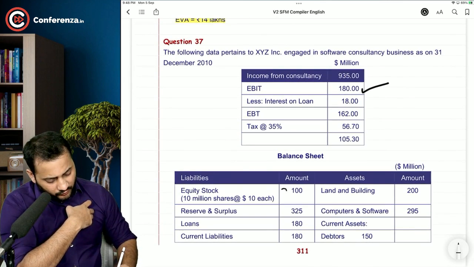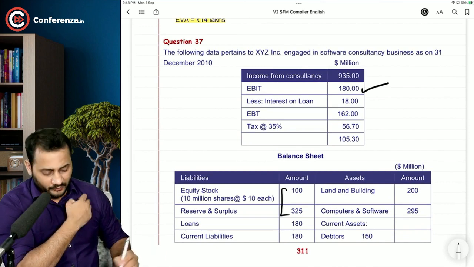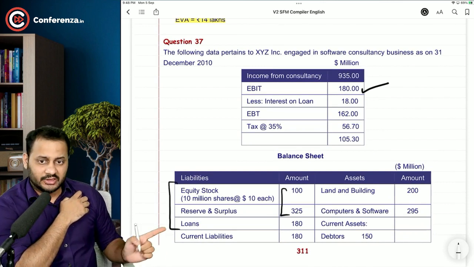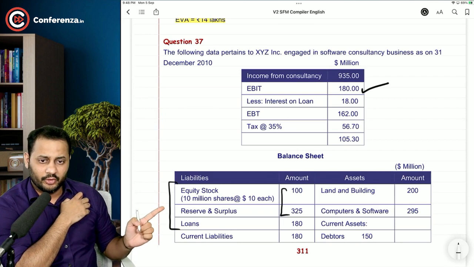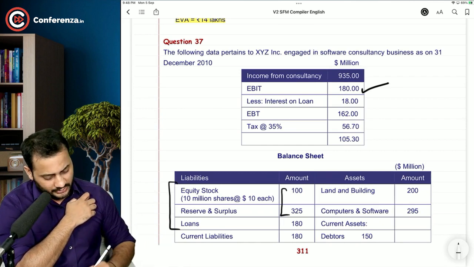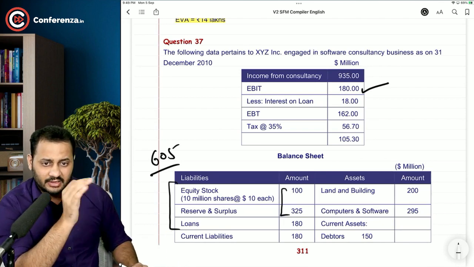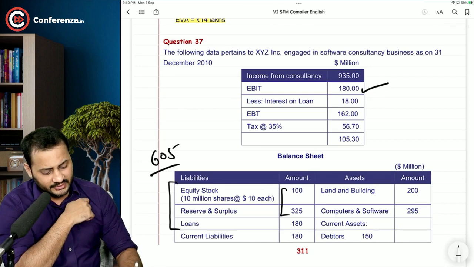So can I say 425 is the equity in total and loan is 180. So if I want to take the capital invested, this much is the capital invested, 425 plus 180. That goes to 605.